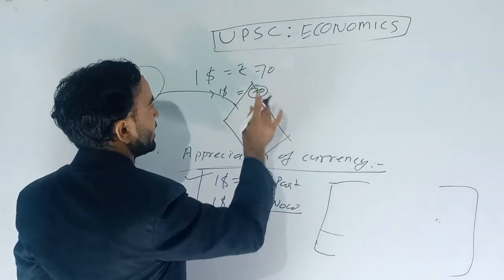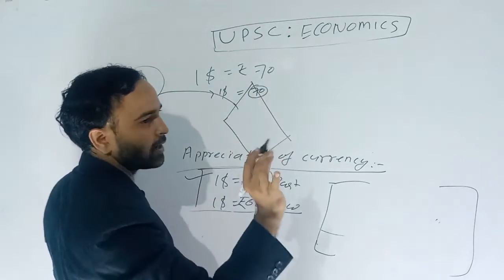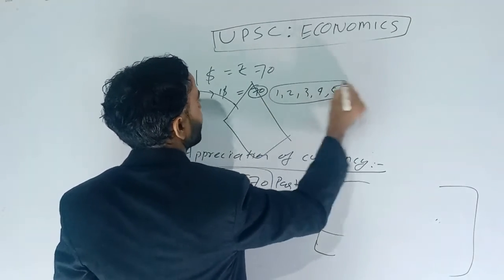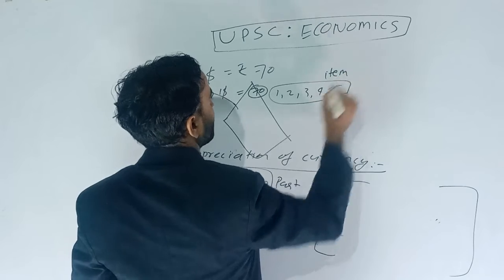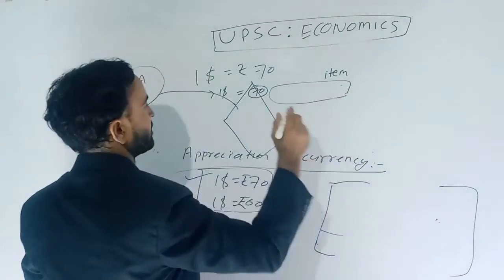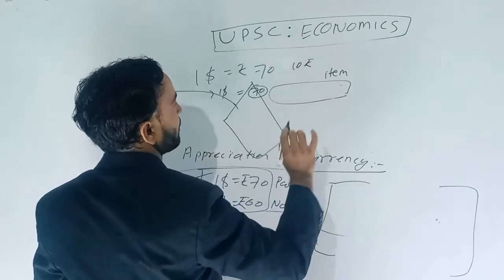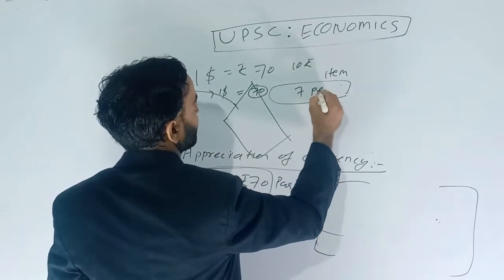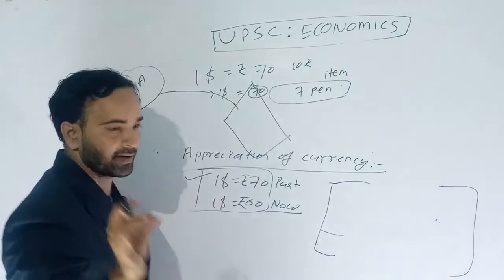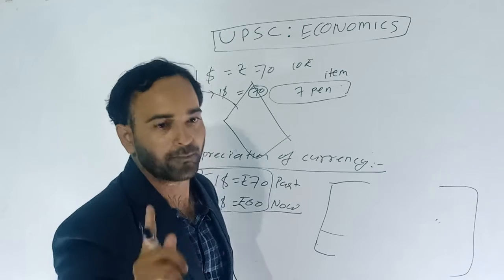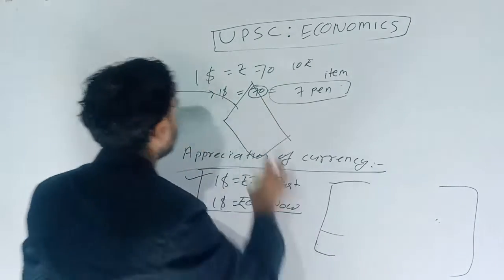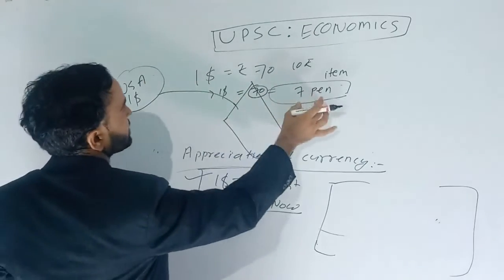In 70 rupees, he got many things. Let us suppose I give the article: 1, 2, 3, 4, 5 items. Let us suppose 7 pens. If each pen costs 10 rupees, he got 7 pens. In $1 he gets 7 pens, because in India the price of a pen is 10 rupees. If the price of a pen is 10 rupees, then in 70 rupees he will get 7 pens.